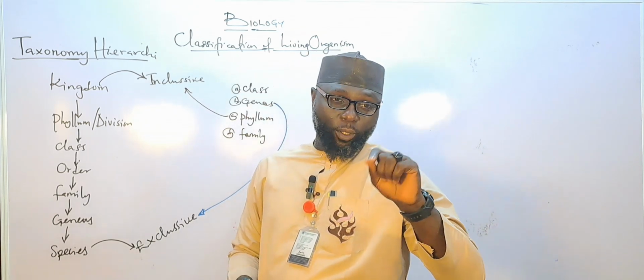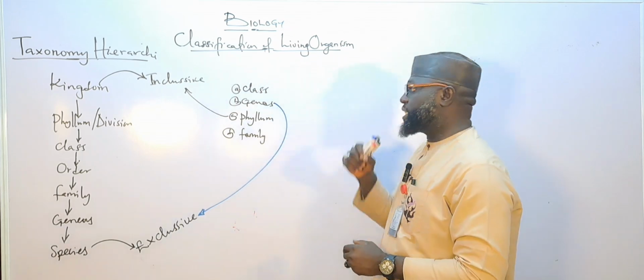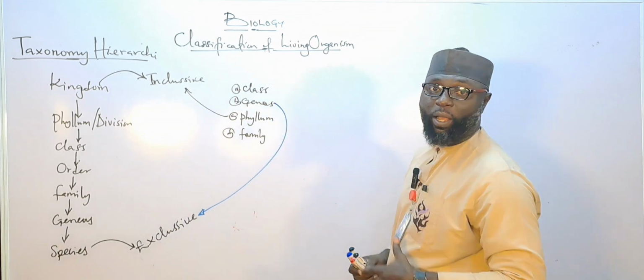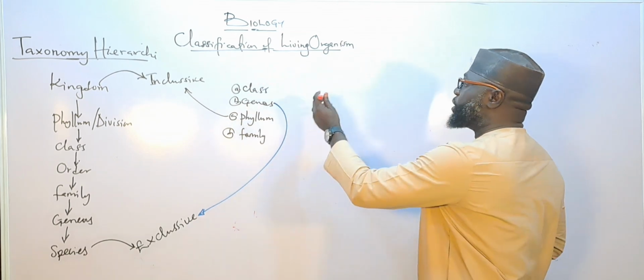And look at this taxonomy hierarchy of classification: it is equivalent to the postal address of a Nigerian. Let us look at it in this way, with myself as a case study.